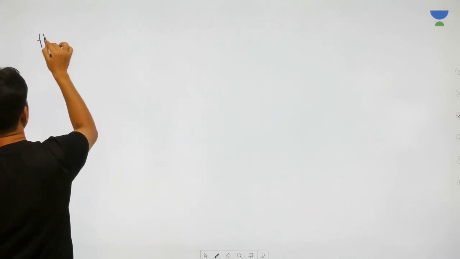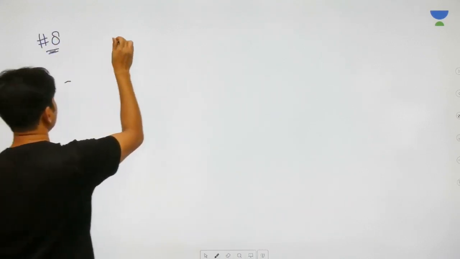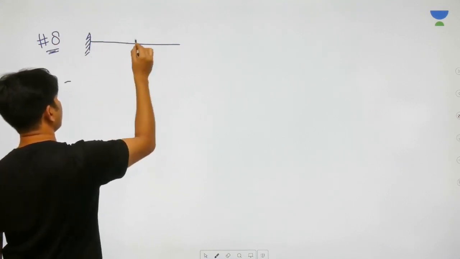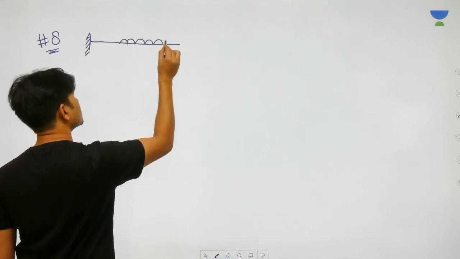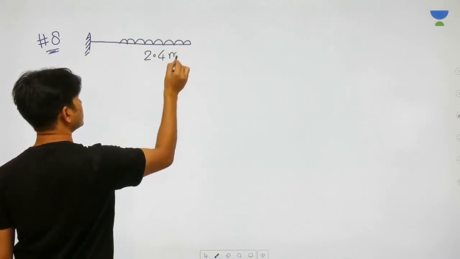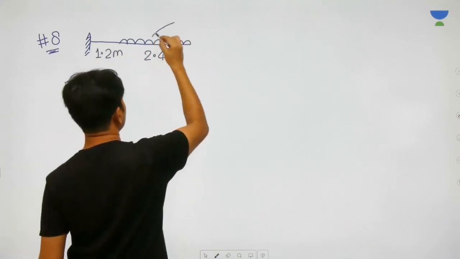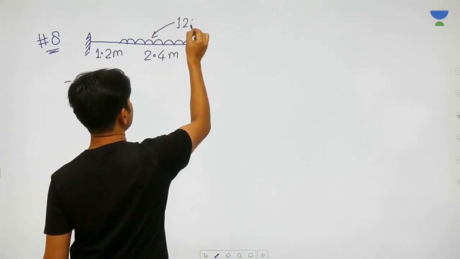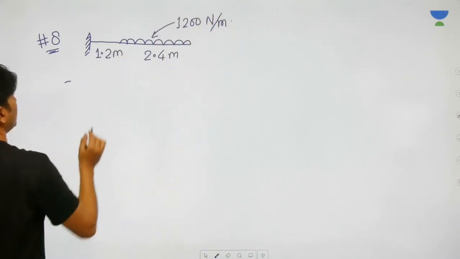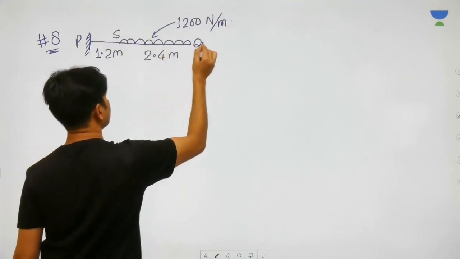As an 8th problem, let me take this cantilever beam which is having a UDL spread over a length of 2.4 meter, and in the initial length of 1.2 meter there is nothing. This UDL has an intensity of 1200 Newton per meter. And let's say this point is P, this point is S, and this point is Q.